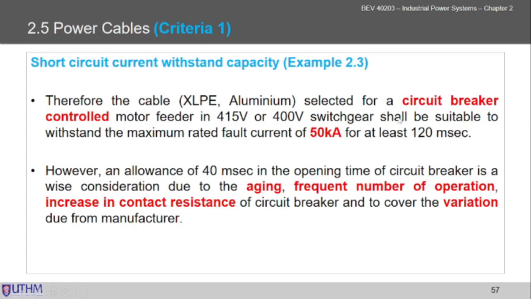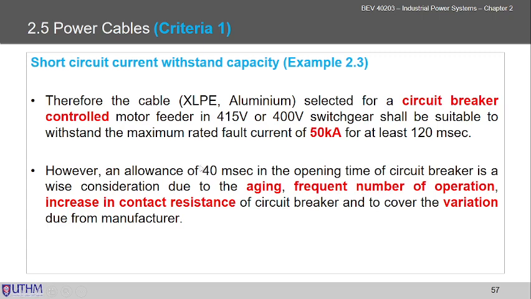But this T is not yet finalized, because we need to consider another criterion. However, an allowance of 40 milliseconds in the opening time of the circuit breaker is needed due to aging. Aging means it will open slower, and frequent operations increase the contact resistance.